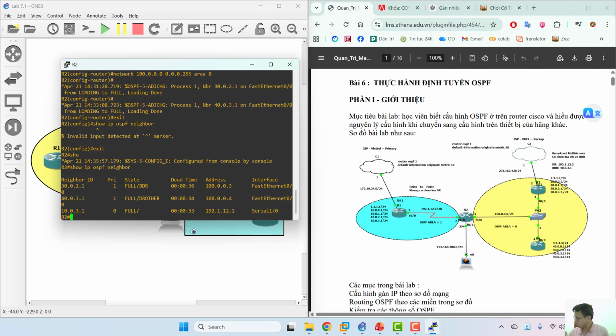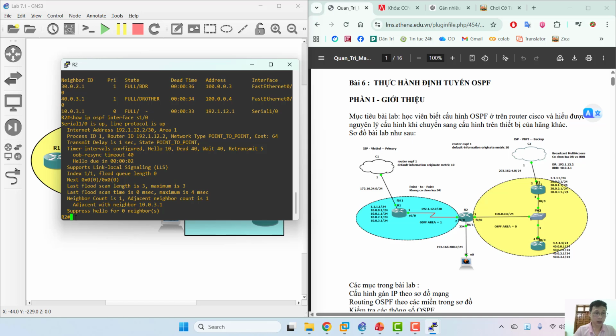So now we will check the port report. For example, in this port, we enter the line show ip ospf interface.